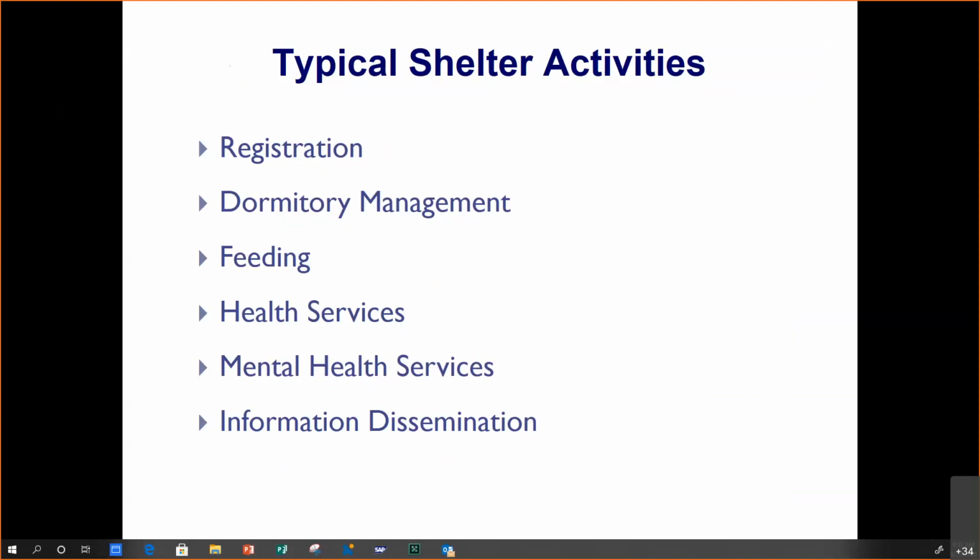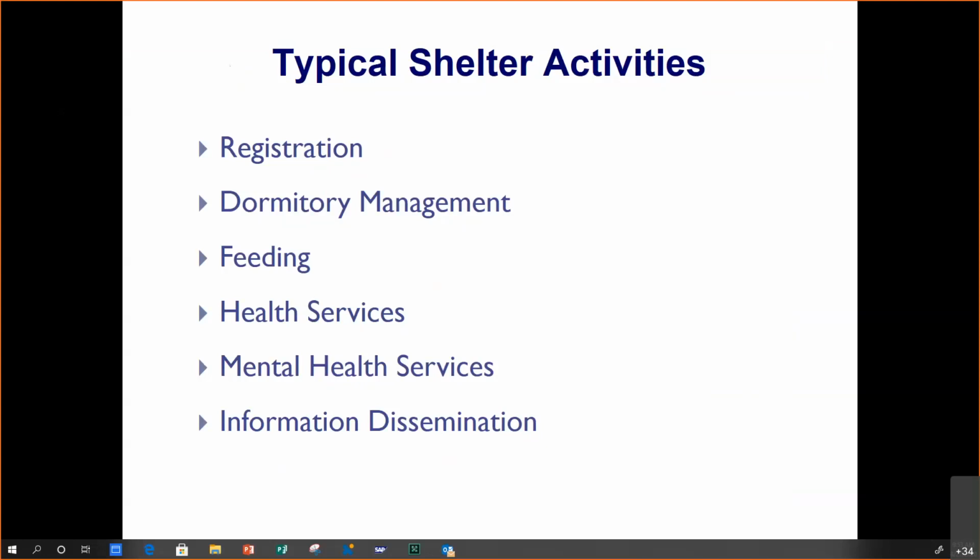They may be the initial point of contact for some of the individuals with functional access needs, where the individuals may make a comment to the registration. So registration is a great resource for information. It's just the general information that is collected at the registration.